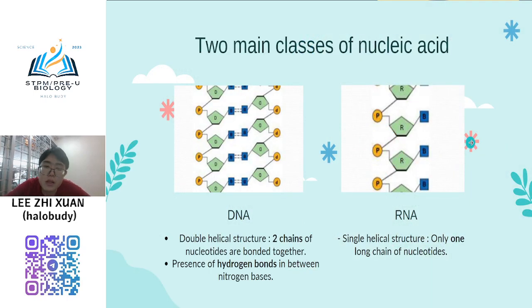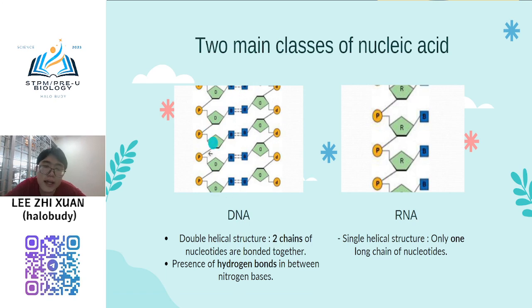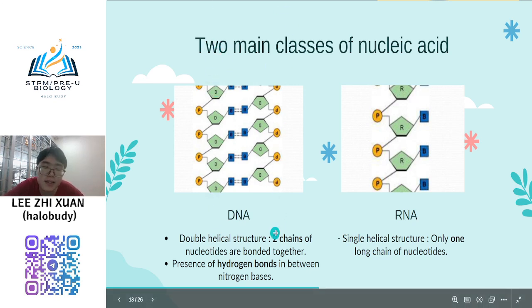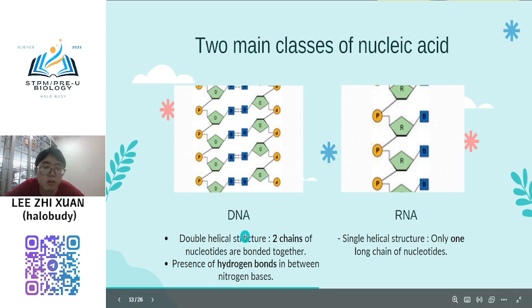Okay. So as I mentioned, there are two main classes: DNA and also RNA. I will just show you the main difference. You can see DNA is a double helix structure like that, meaning that there are two chains. One chain is at this side and another chain is at this side. Later I will explain in more detail, but I just want to tell you that DNA contains two polynucleotide chains.